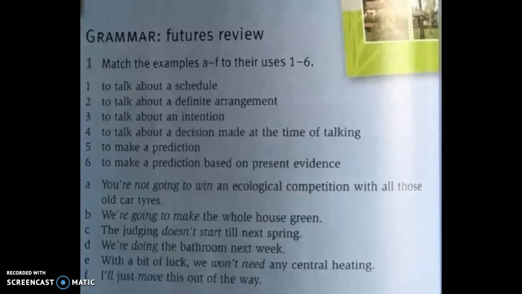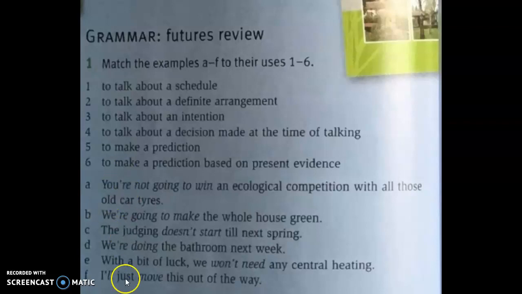Now at this level, students know that there are different ways of expressing the future in English, but the problem is students do tend to just use will because it's the easiest way to express the future, but it's not always the right way. So we're reviewing the futures, and they need to understand and recap on the meanings of the different future forms and when we use them.